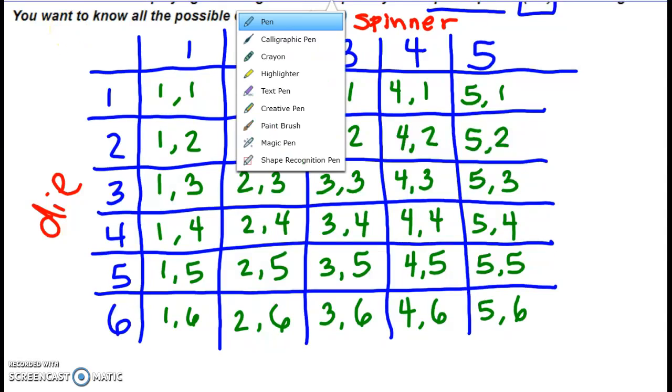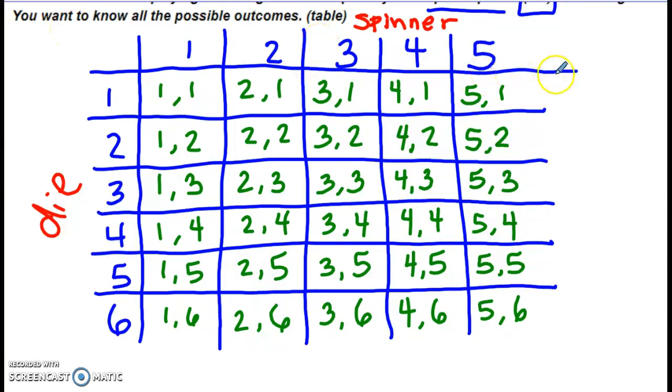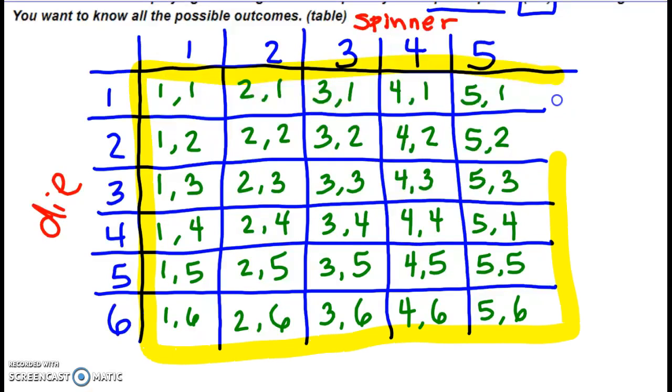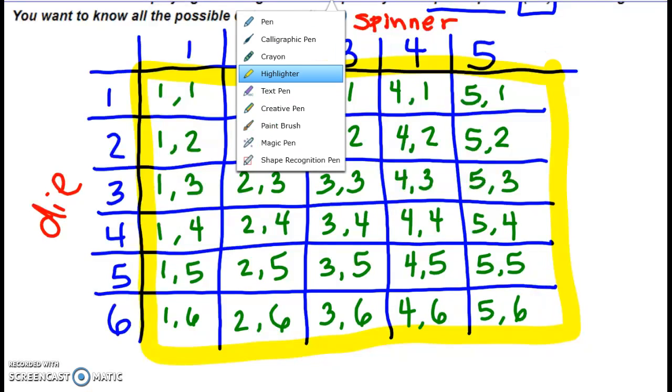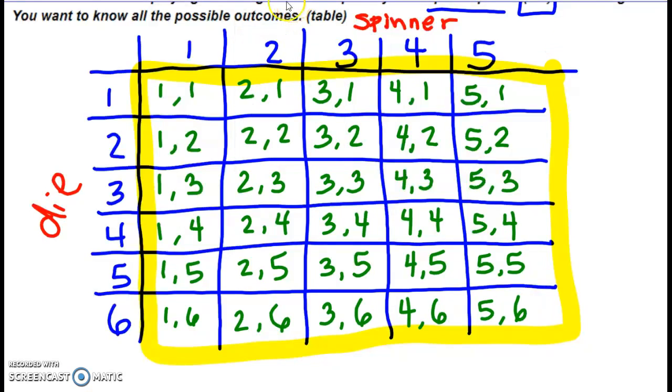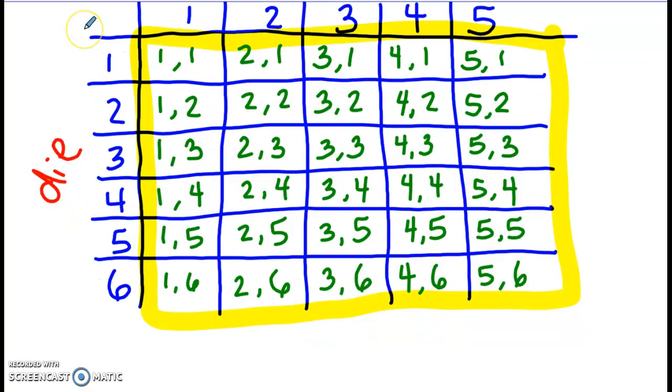In order to determine that, we need to make sure that we are looking at just the inside pieces, because those are all of the possible outcomes that we listed. The outside numbers are just the specific individual events. It's the inside that is the list of all of the outcomes. So we see here that this table is a 5 by 6 table, and so there are 30 possible outcomes.